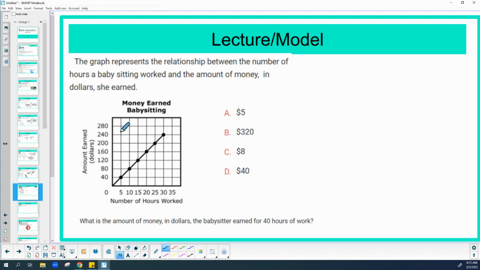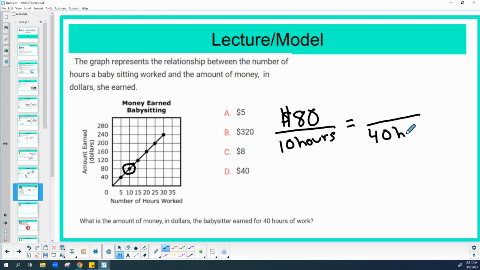What I'm going to do is I'm going to look for a point that I can use. And I'm going to use 10 because I know that I can go from 10 to 40 easily. On my graph, I see that I can make $80 in 10 hours.